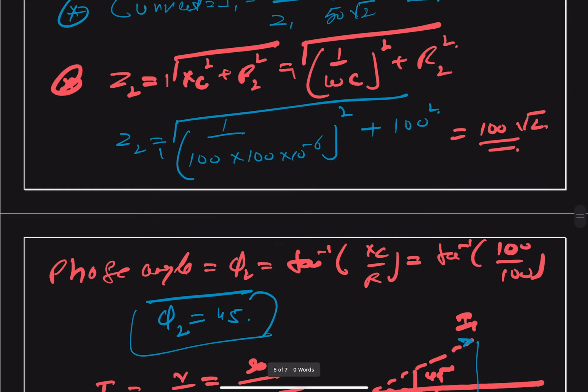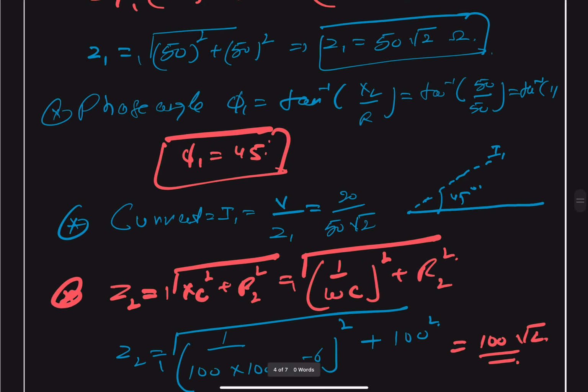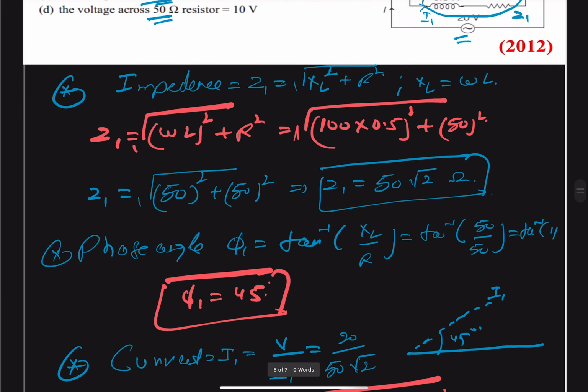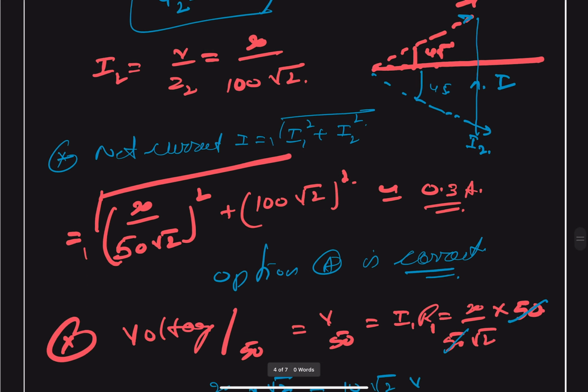Let me check if the option matches with this one. Yeah, it's given, so no need to calculate. So the voltage across 50 ohm resistance is 10 square root of 2, and the option gives it as 10 volts, which is not a correct option.